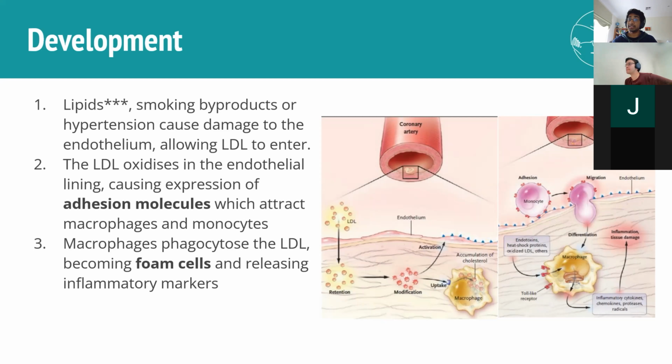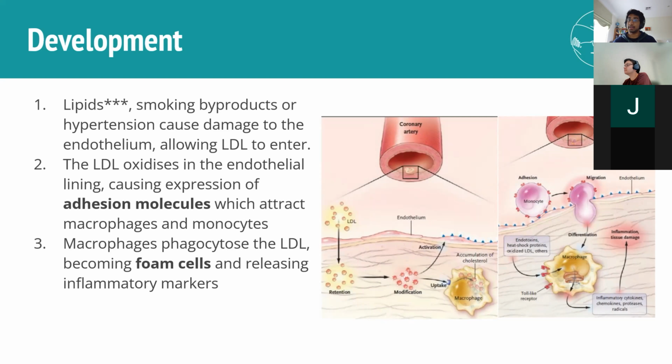The LDL, once it gets into the actual endothelium, starts to oxidize, which, among other things, causes the cells of the endothelium to express adhesion molecules. Now, if you remember immunology, the adhesion molecules are basically what makes macrophages migrate to that region. Macrophages are going through the blood, bouncing around the walls of the blood vessels. The adhesion molecules make them stick and stay in one place instead of just bouncing past.